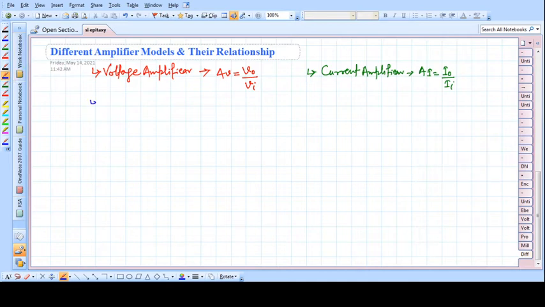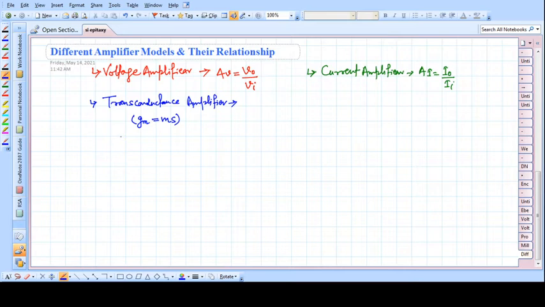our transconductance amplifier. This one is also very famous. In the transconductance amplifier we are very familiar with the transconductance term, for example, GM. GM is the transconductance, having unit millisiemens.